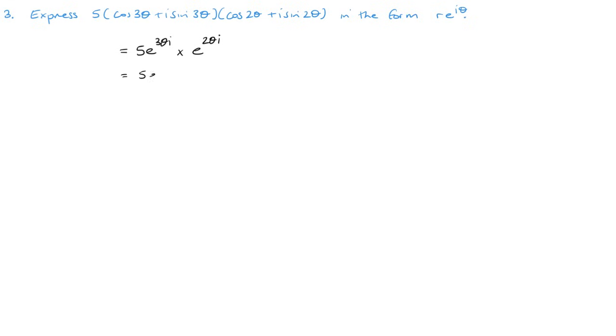So this is 5e and we add the powers, so it's 5 theta i. Or you can write 5e to the 5i theta if you want to write it that way round. Okay, but that is just all there is to it. Nice and easy. Let's move on to question 4.